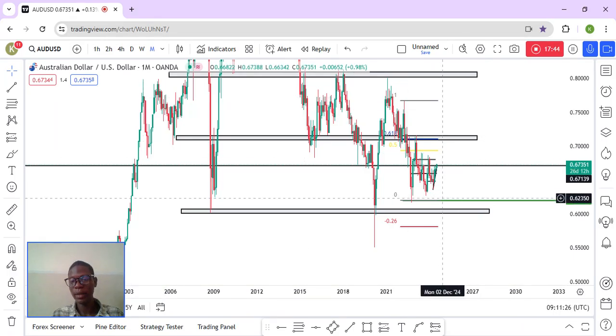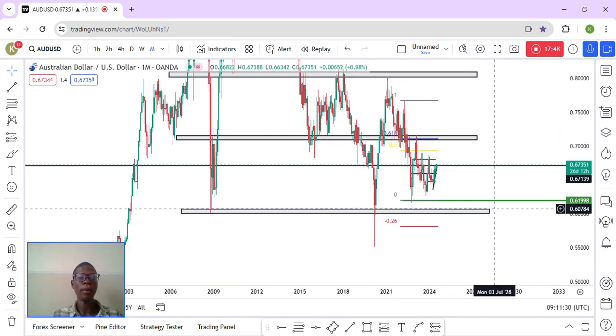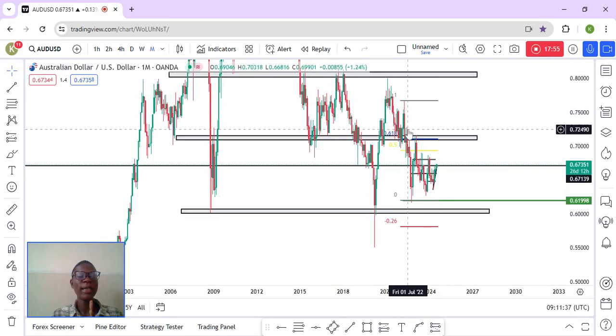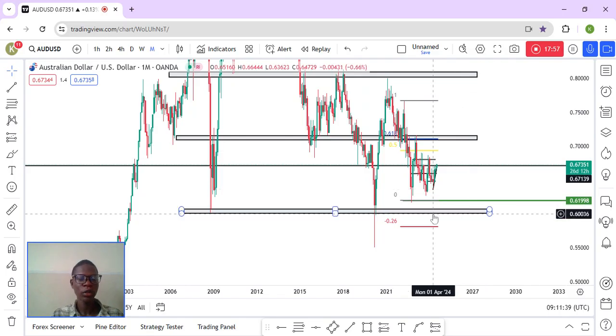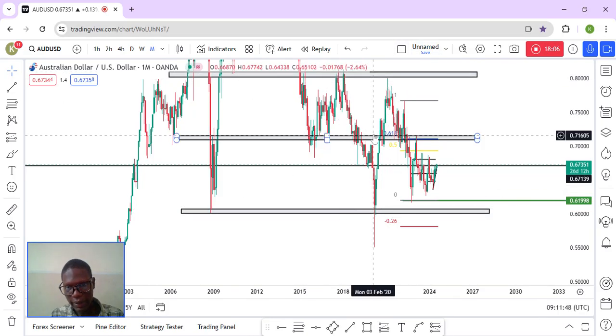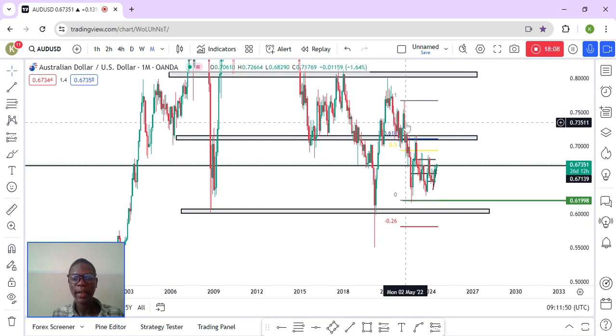If you guys know, there is something about my support and resistance line. If the market touches it and doesn't break above it, definitely our next level target will be the next support or resistance line.